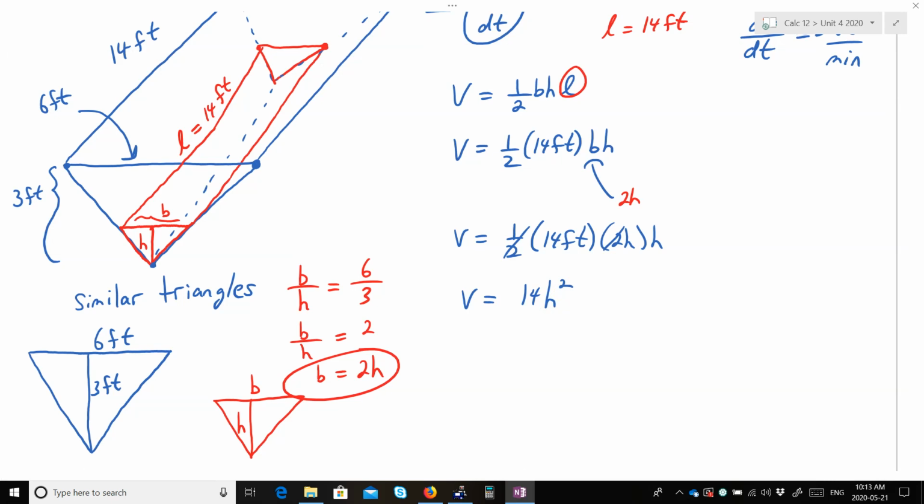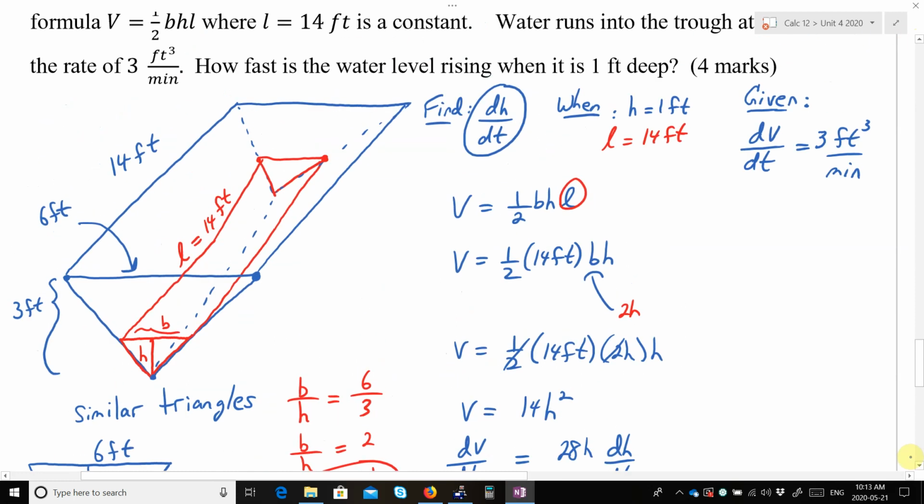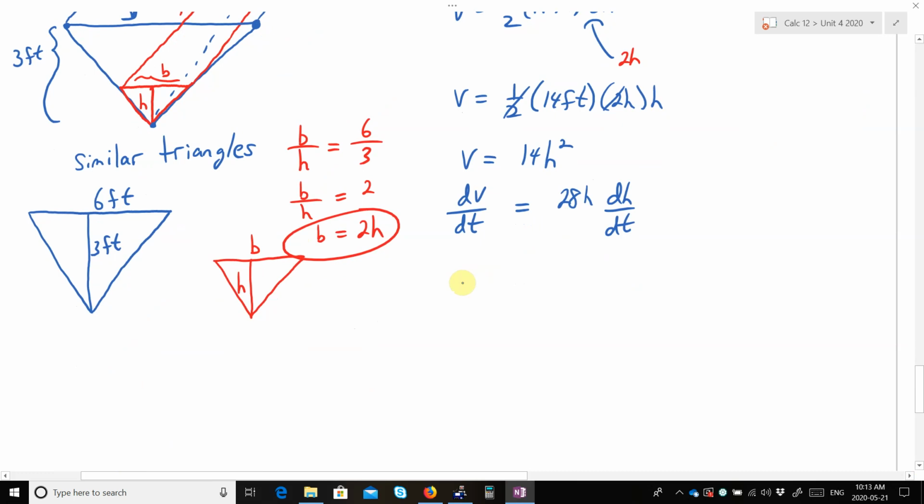Okay, so there's our formula involving volume and height. Differentiate both sides with respect to time. dV dt is equal to 28 times h, and then dh dt. And we want to find dh dt. So I'm going to divide both sides by 28h, and we will have dV dt divided by 28h.